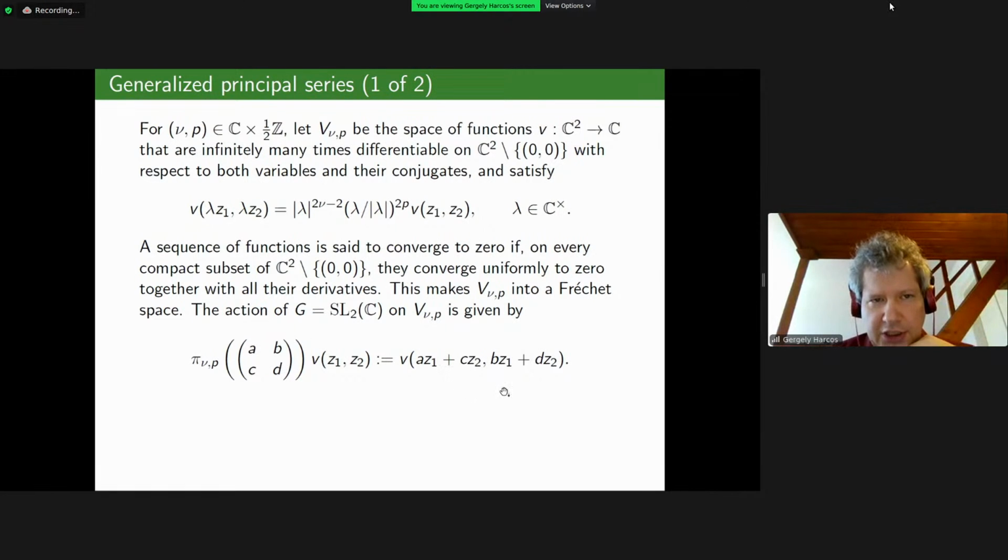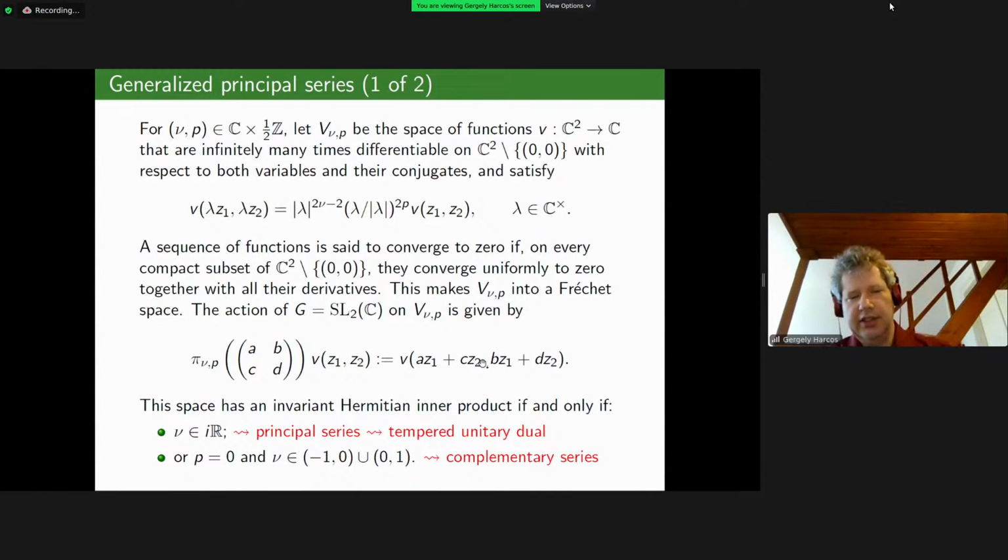So this is the definition of the representation pi nu p, and then it turns out that this space admits an invariant Hermitian inner product if and only if either nu is a purely imaginary number, and those representations constitute the so-called principal series, and together these representations form the so-called tempered unitary dual.